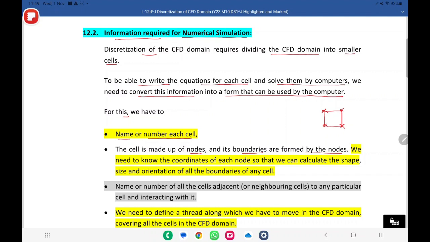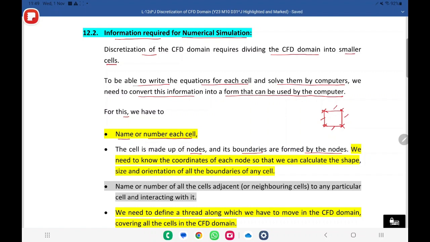So you have a cell in 2D. How do you define it? By the 4 corners. If I know the coordinates of all the 4 points, I know the cell. So the cell is made up of nodes and its boundaries are formed by nodes. These are the 4 boundaries of the cell.